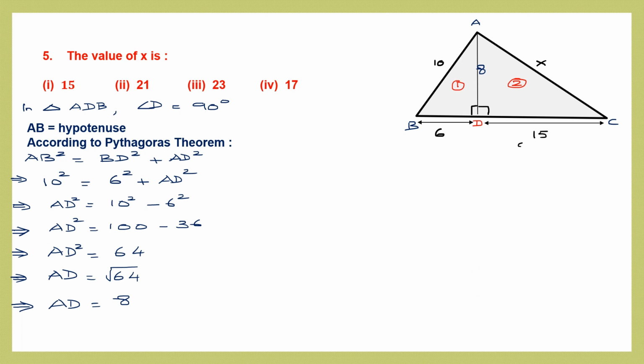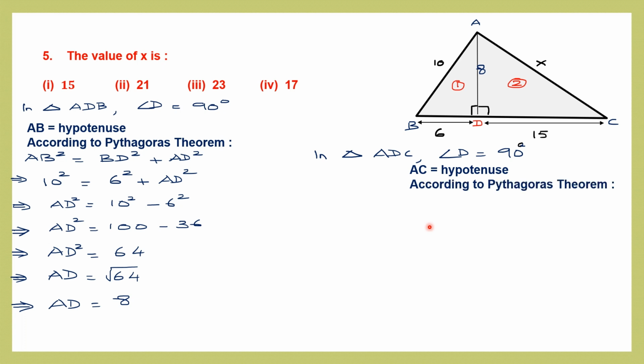In triangle ADC. So this time we are taking triangle ADC. In this again, angle D is equal to 90 degrees. So we can take AC as a hypotenuse. So AC will be the hypotenuse and we can apply the Pythagoras theorem.